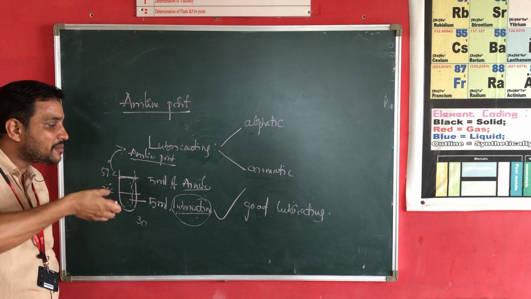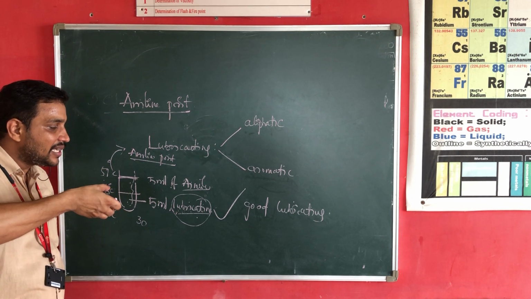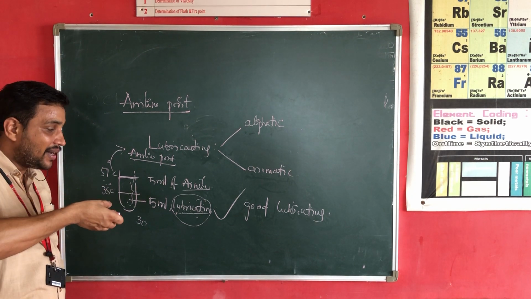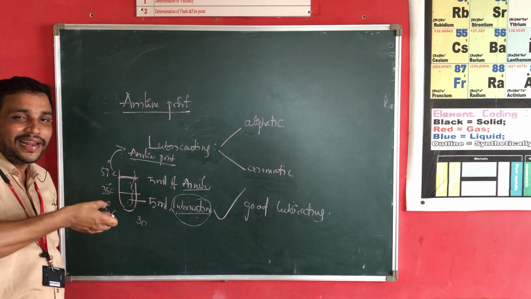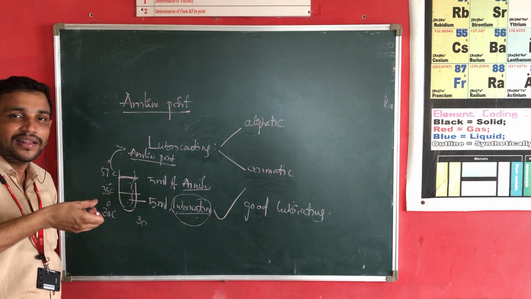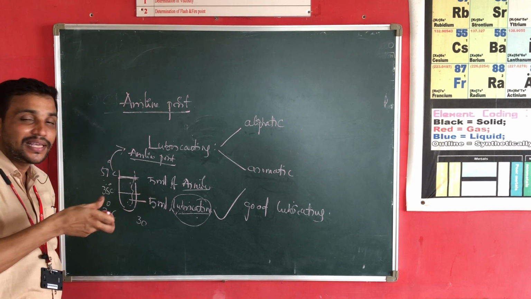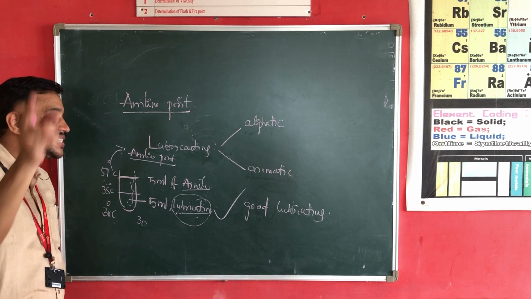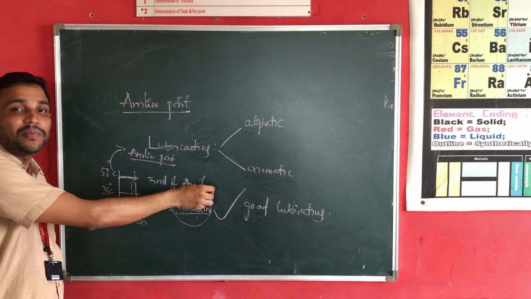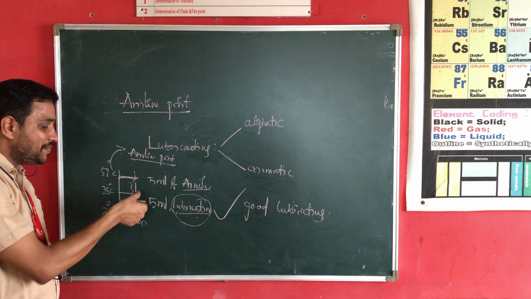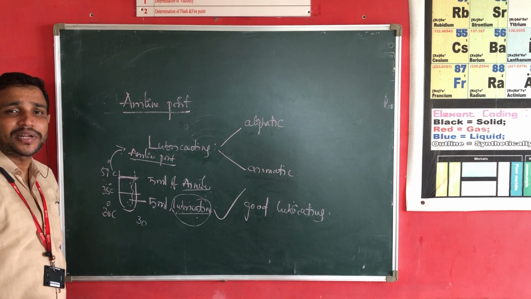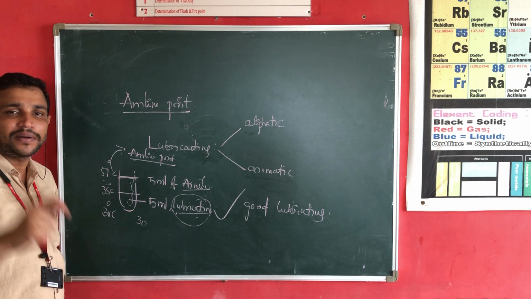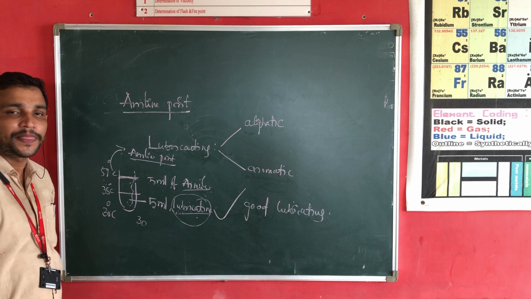Why do the two liquids become miscible at less temperature? Because one is aniline and the other one is lubricating oil. Maybe the lubricating oil is containing a hydrocarbon chain which is a kind of aniline, that means aromatic. That's why it takes very less temperature to become miscible with each other, right?